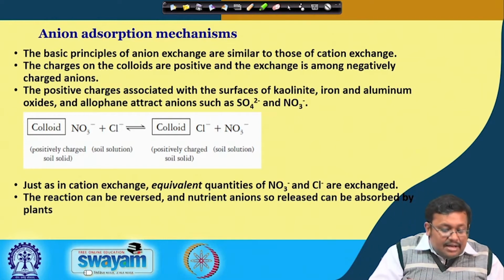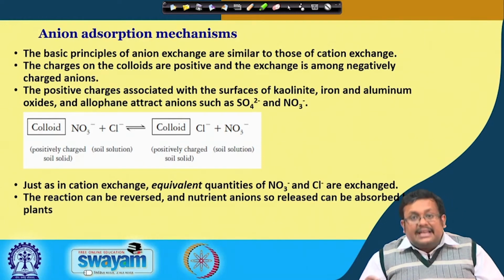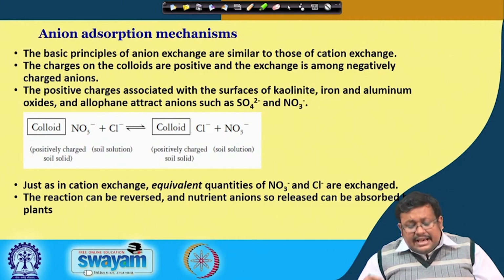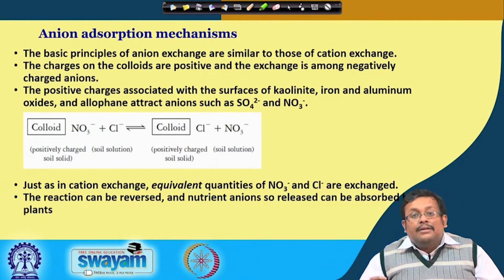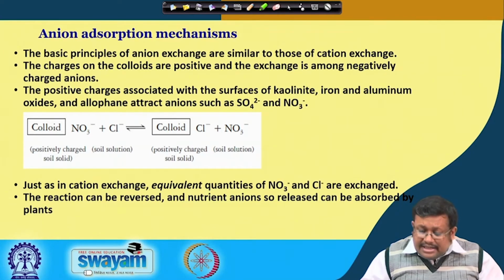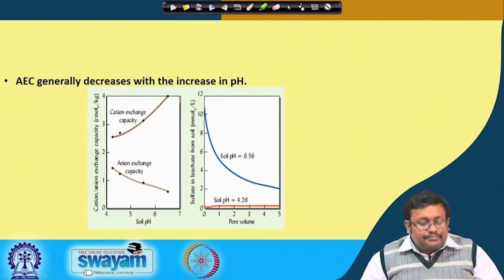You can see here that nitrate is first adsorbed to the soil colloid and is then replaced by another anion, chloride. Just as in cation exchange, equivalent quantities of nitrate and chloride are exchanged. The reaction can be reversed, and the nutrient anions so released can be absorbed by the plants.